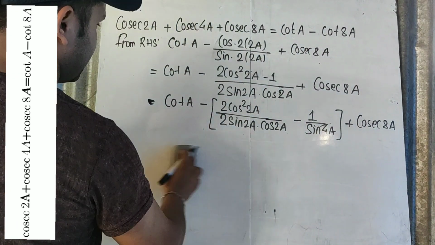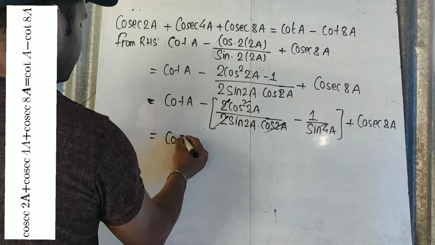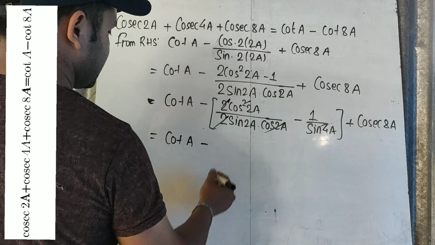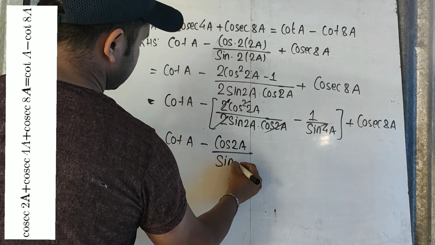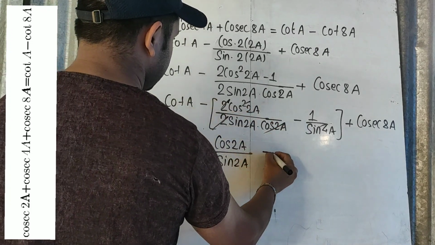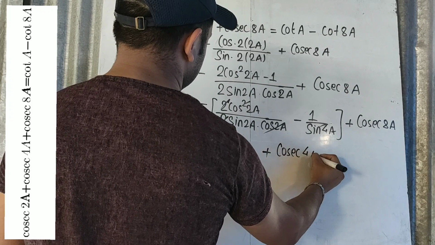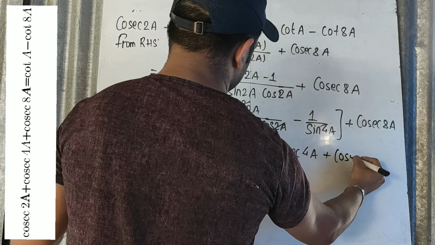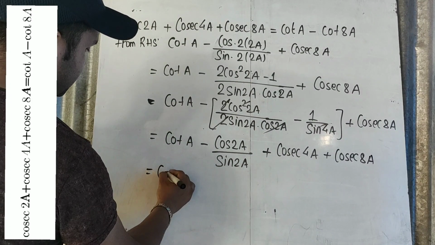Now we can cancel this 2 and 2. We can cancel cos 2a and cos 2a also. Now what is left here is cot a minus cos 2a by sin 2a, and minus and minus gives you plus 1 by sin 4a, which is cosec 4a, plus cosec 8a. Repeat the same process.